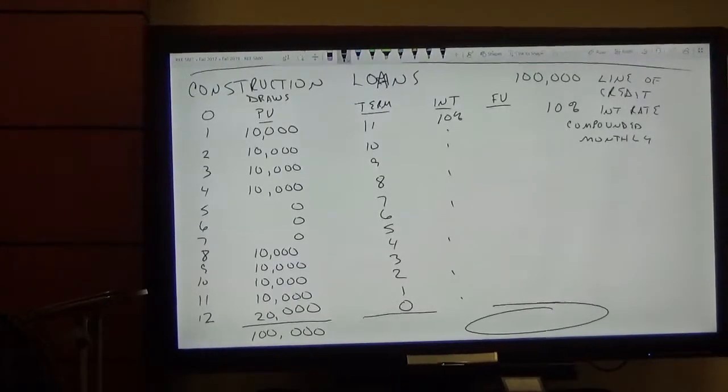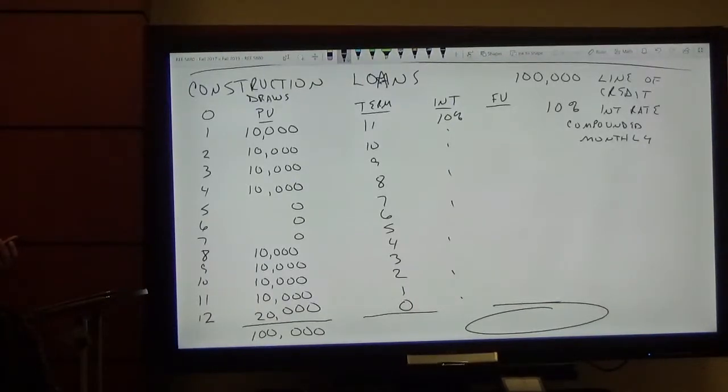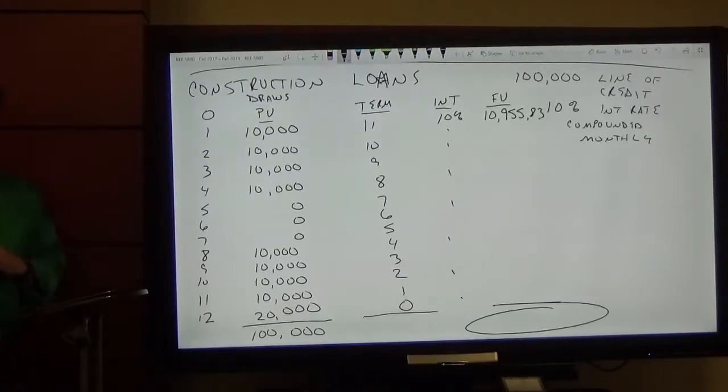But I want to do a couple of these real quickly just to illustrate the concept. All right, so if we took that 10,000 for 11 months at 10% interest, the future value of just that one draw at the end of the 12 months would be $10,955.83.